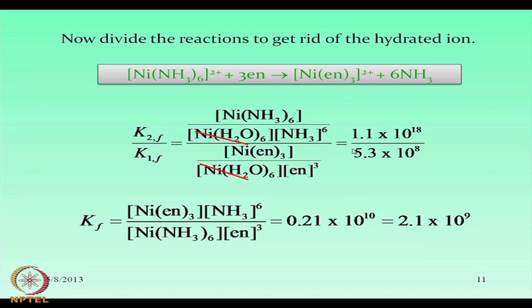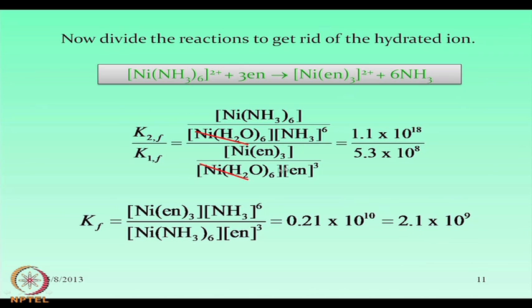We get some ratio like this, which is 1.1 times 10 to the power 18 divided by 5.3 times 10 to the power 18, and this value is definitely nothing but the formation of the trischelate from the amine complex. So, that way we get the corresponding formation constant value for the direct formation of the ethylenediamine complex from the hexaamine complex, and in that particular case we find the corresponding value as 2.1 times 10 to the power 9.